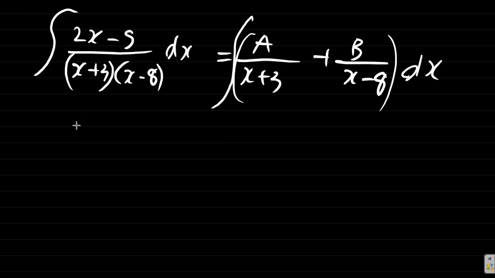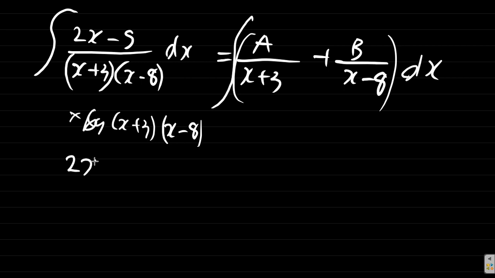Now, if we multiply both sides by x plus 3, x minus 8, let's drop the integral sign for now. You would have 2x minus 5 because the x plus 3, x minus 8 would cancel itself, equal.